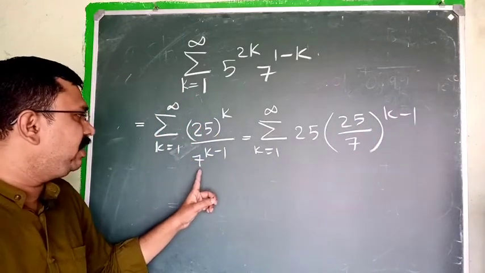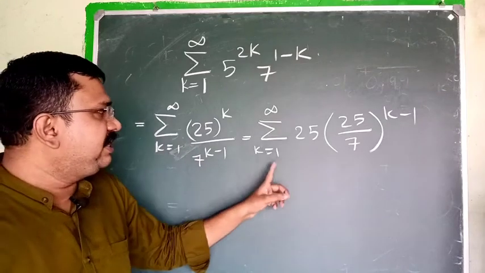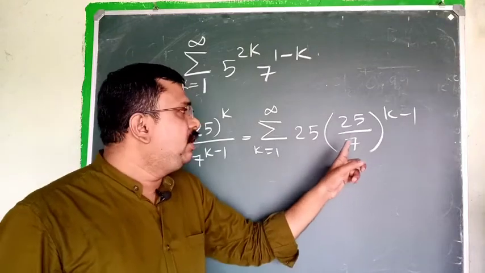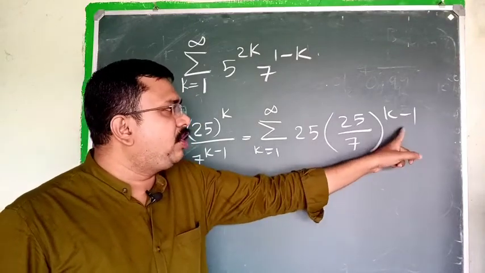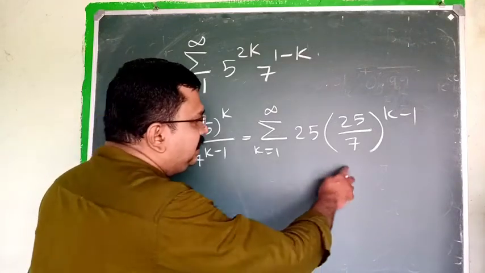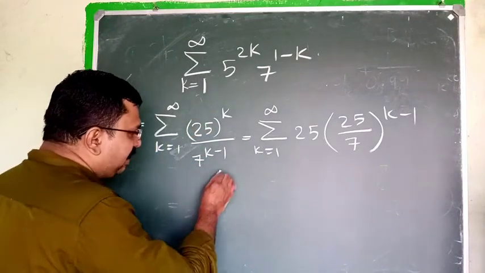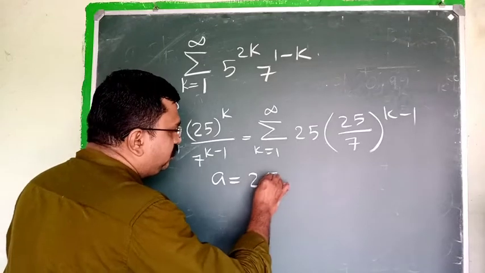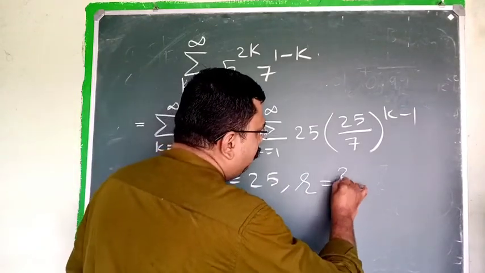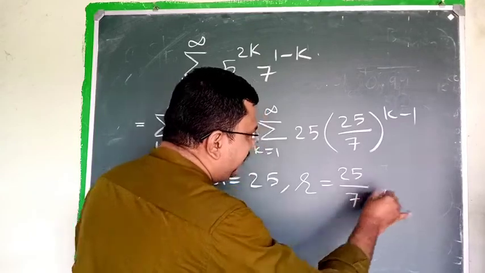Here the denominator is 7 raised to k minus 1. Therefore, sigma k equal to 1 to infinity 25 into 25 by 7 the whole raised to k minus 1. Then this is a geometric series with the first term a equal to 25 and the common ratio r equal to 25 by 7.